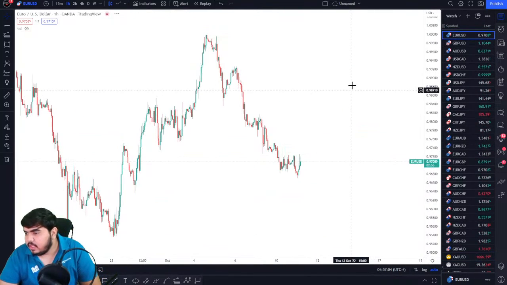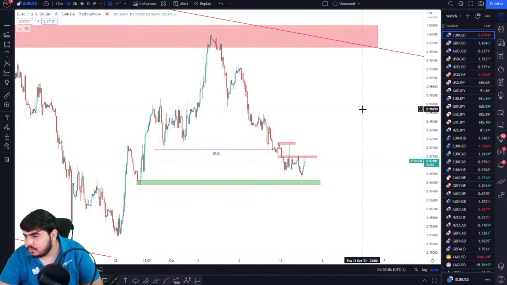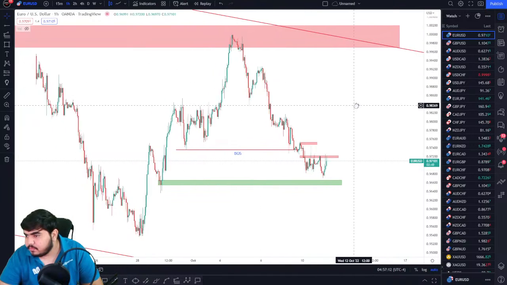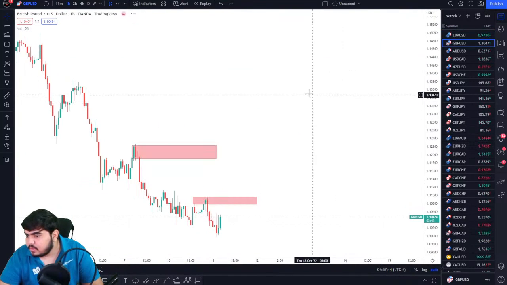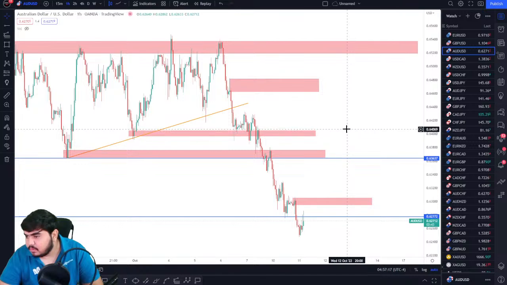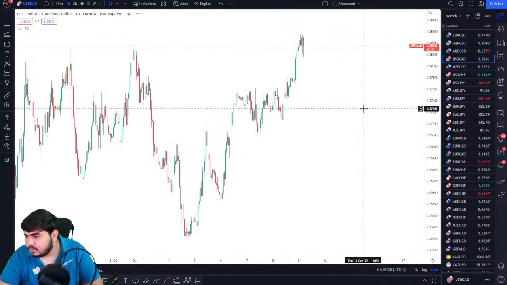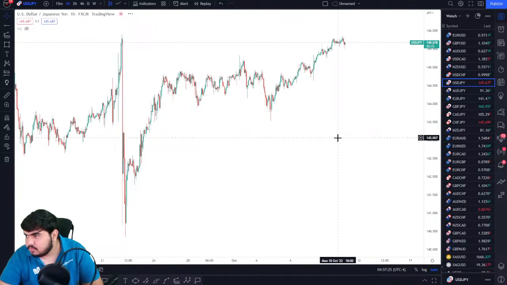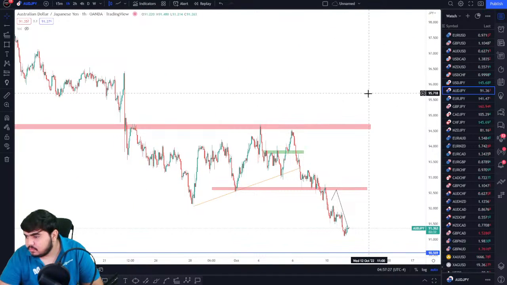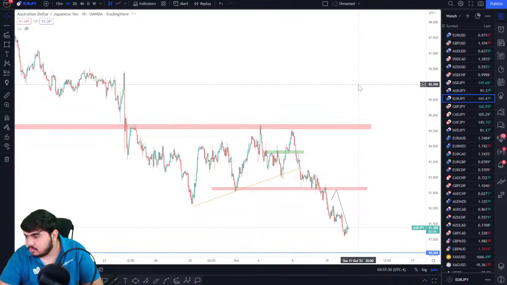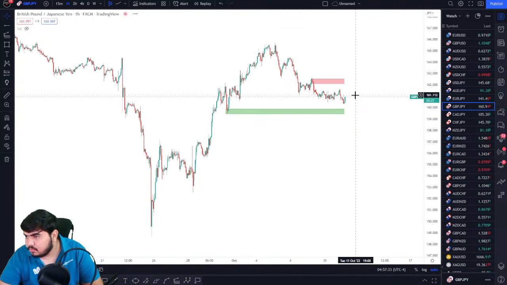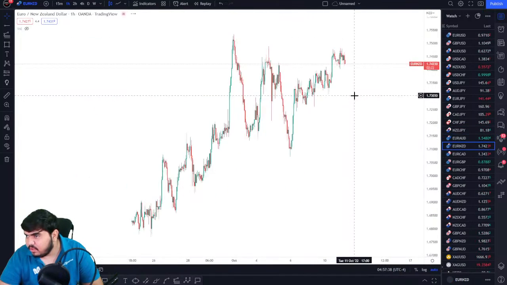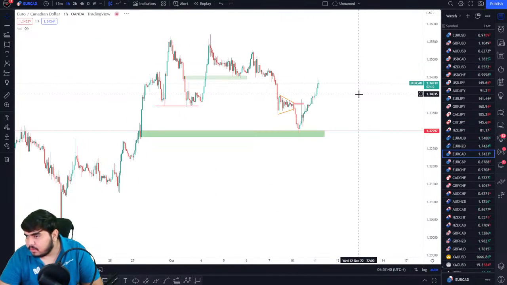Let's quickly have a look at other pairs. This is Euro USD, GBP USD. I'm just searching if we have any trade setting up at this moment.